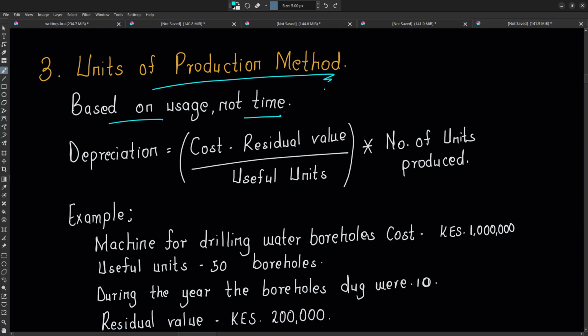So we are basing the usefulness not over a period of time, but rather on the total units it can produce. The depreciation will be the cost of that asset minus the residual value, over the useful units, not the useful life but the useful units, multiplied by the number of units it has produced for the period we are looking at.